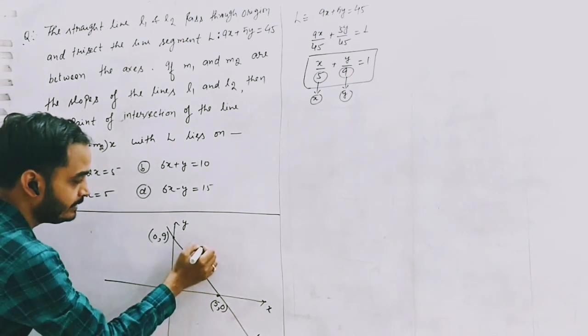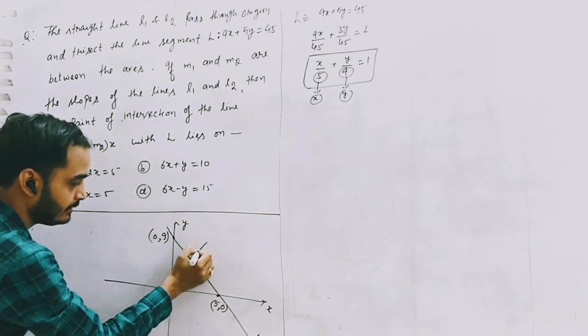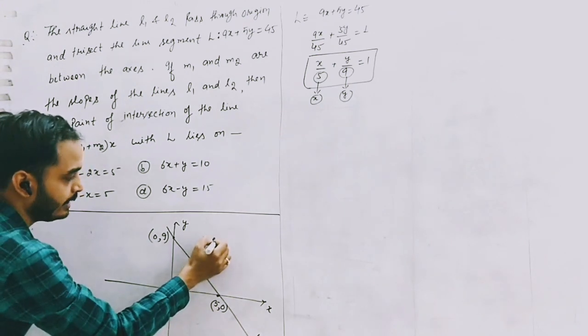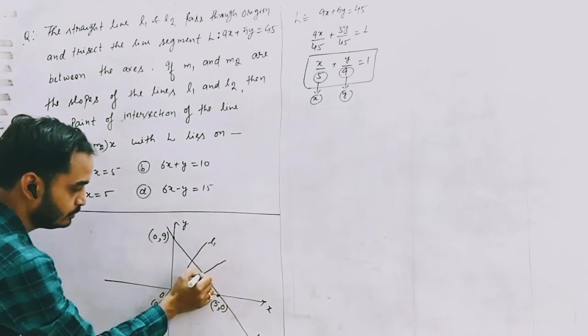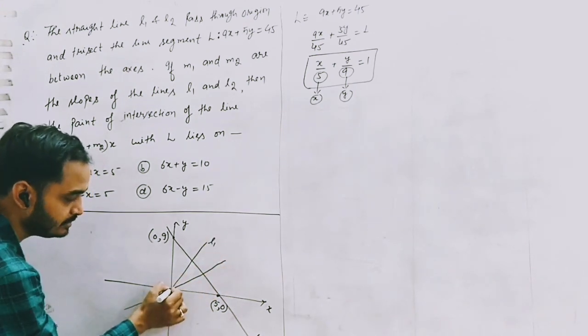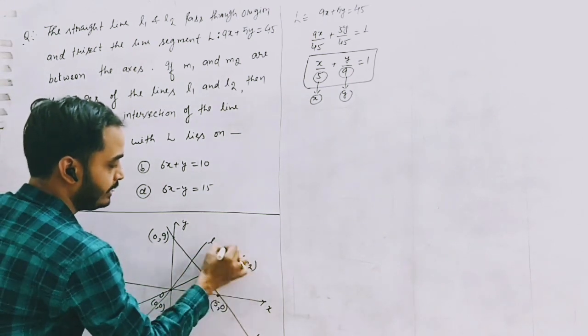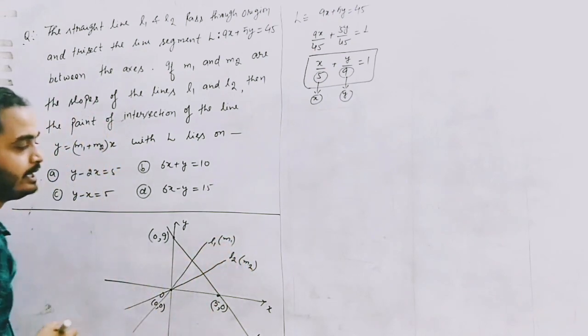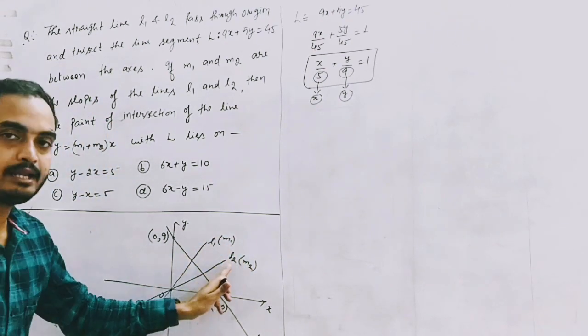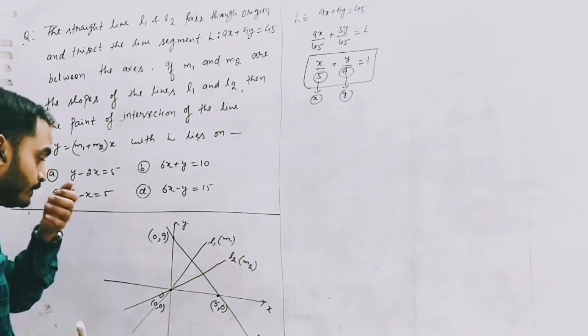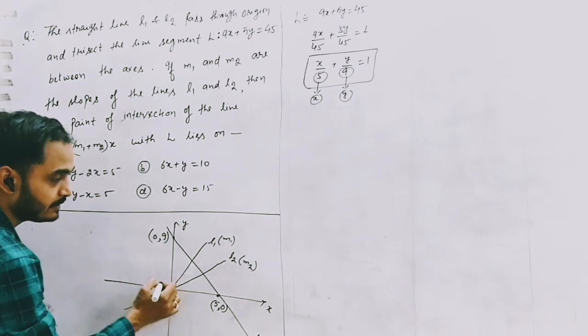So if we try to draw this line L1 and line L2, these 2 lines are passing through the origin and have slopes m1 and m2. Okay, so line L1 has slope m1 and line L2 has slope m2, and these lines are passing through the origin.